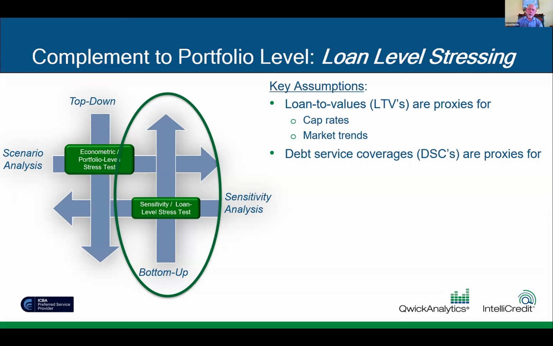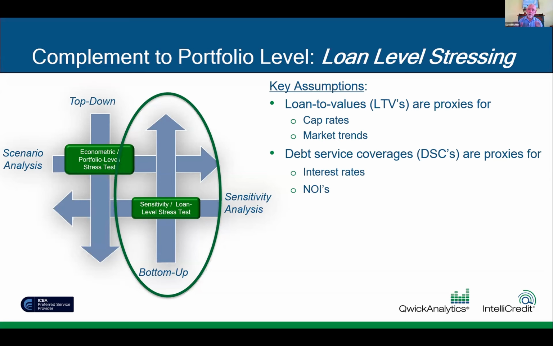We use debt service coverages as the other primary proxy, which does get to the whole issue of cash flow. And we like to think that covers items such as interest rates and NOIs, which people oftentimes think of as requisites for a loan level stress test. The problem with trying to chase interest rates or NOIs is that it really begs a far more granular assessment of your portfolio to be sure the data is reasonably accurate and reasonably current.